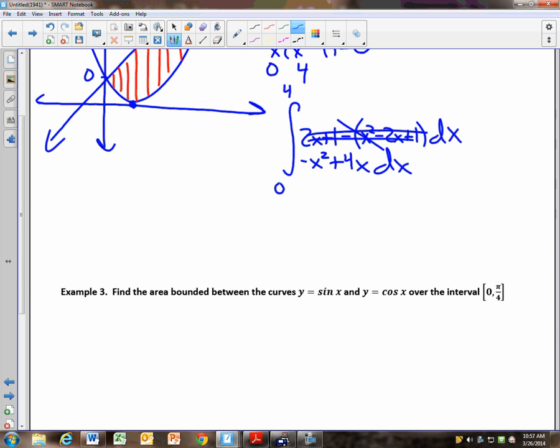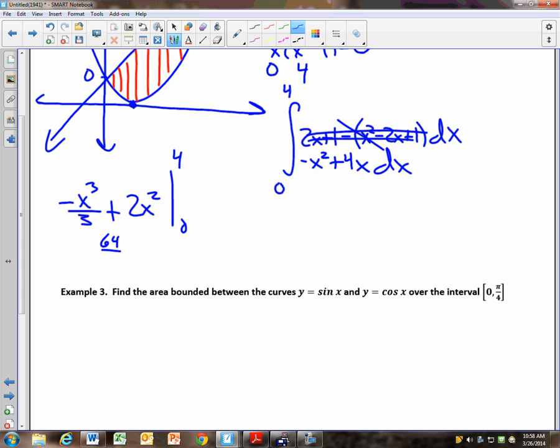Now we just integrate. What's the antiderivative of negative x squared? Negative x to the third over 3 plus 2x squared, evaluated 0 to 4. Plug in the 4 first. What's 4 to the third?